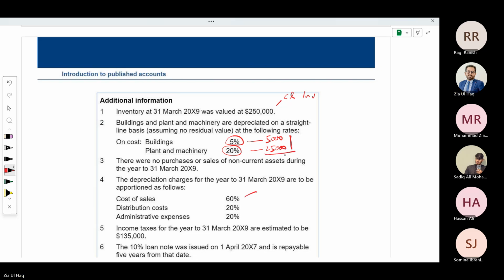What's the total? 30,000. So 60%, which is 18,000, will be charged to cost of sales. 20% to distribution cost and 20% to admin cost.